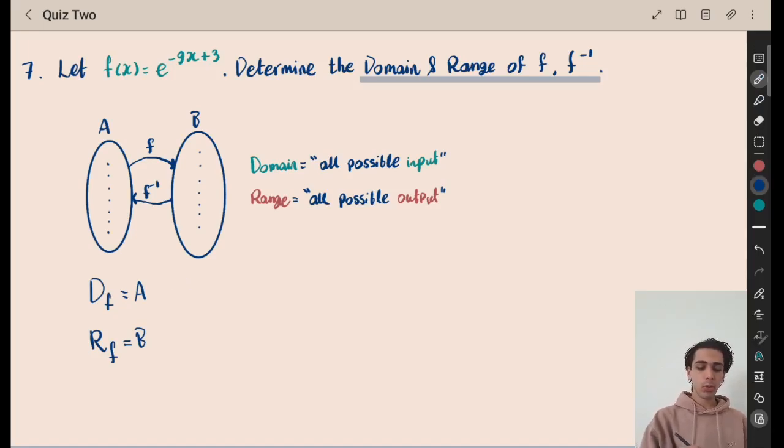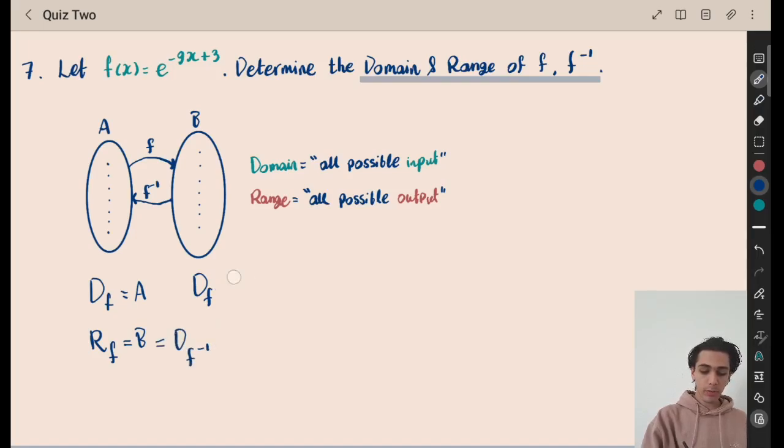And by duality, we know that the function and its inverse are dual in some sense, like good and bad, like any two duals, positive and negative. And by this dual notion, you will see that the domain of f inverse is also going to be B, which is the range of f.